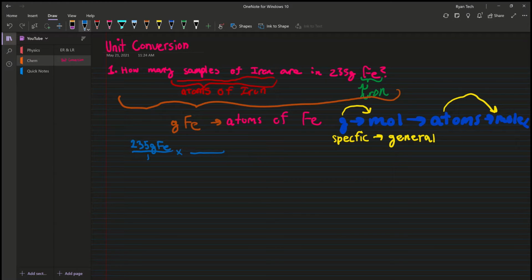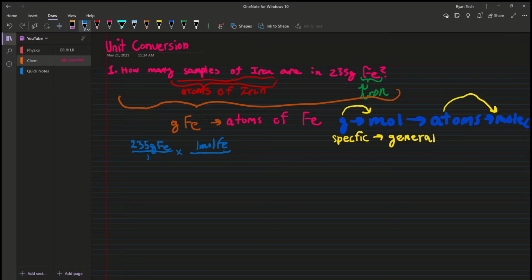So 235 grams of Fe. Now we're going to convert it to moles. So we say 1 mole of iron. Now we have to figure out the amount of grams in iron for every 1 mole. If you pull up the periodic table, you'll search for Fe, which has an atomic number of 26, and you'll see that the grams per mole is equal to 55.847.